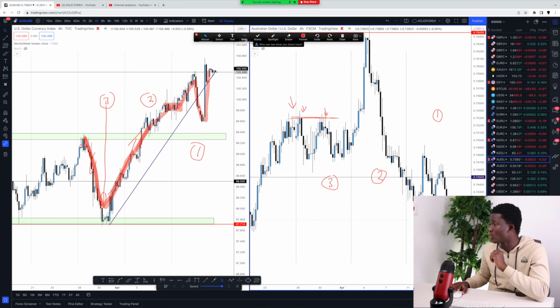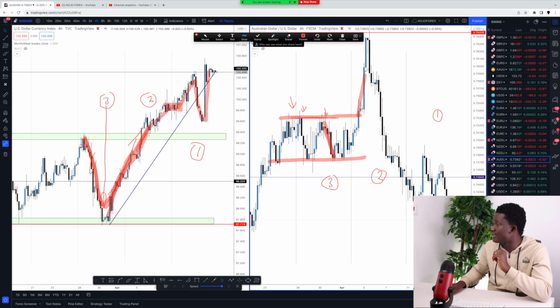So all we had was a short brief push on the downside, just because the dollar index was already exhibiting very strong momentum to the upside. Then later we had Aussie dollar USD breaking to the upside based on that fundamental catalyst, which is a little bit complicated for beginner traders to understand.